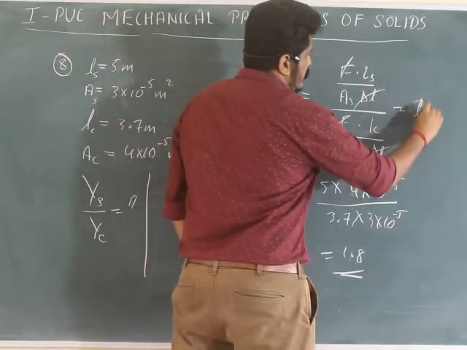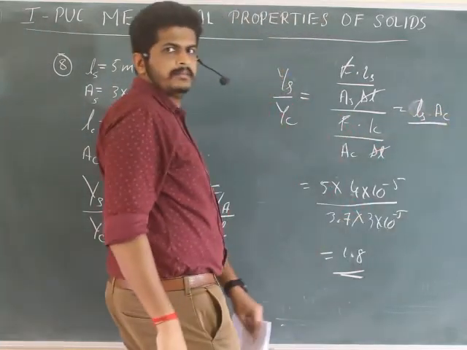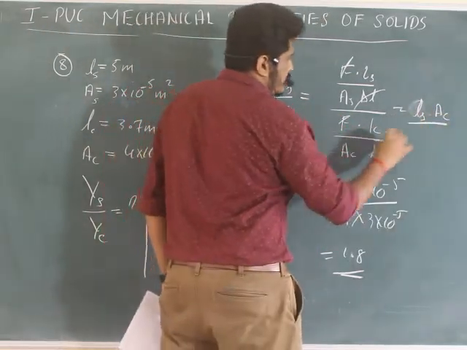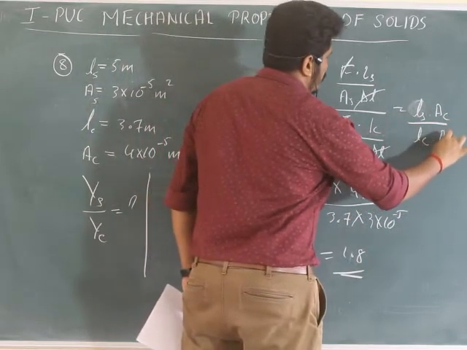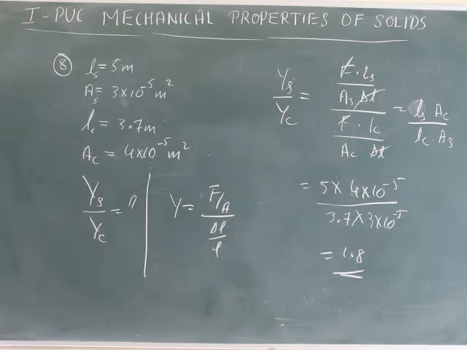So this is L into S, A into C divided by, next, L into C, A into S. That's why it is like this. Same force, correct? They stretched by the same amount, also mentioned. Delta L is one and the same. That is why, okay? So hope this is clear.